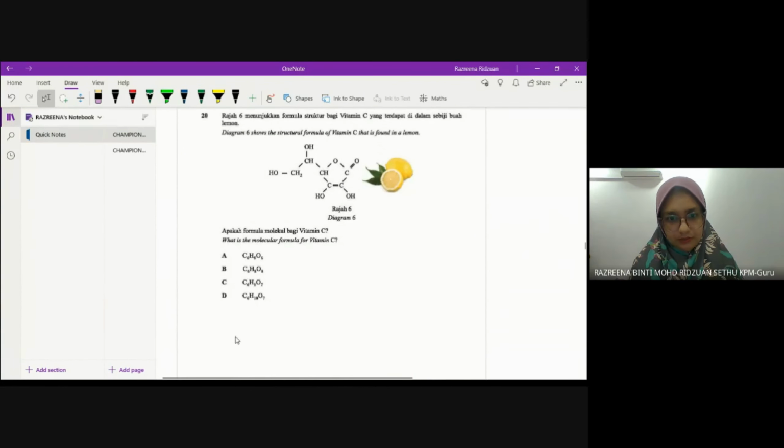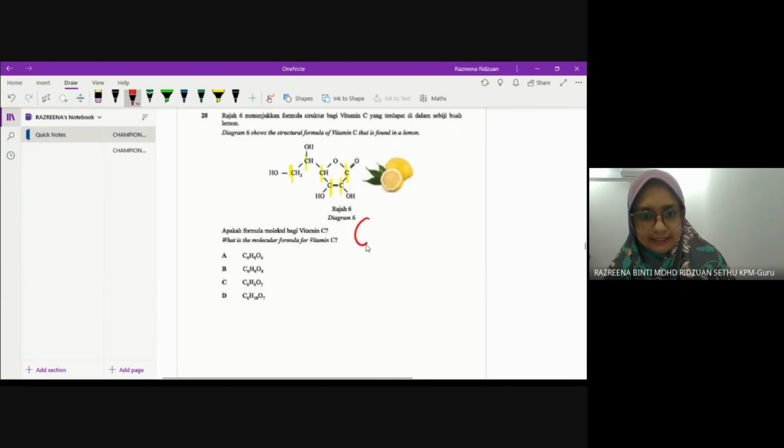Okay, question 20. Diagram shows the structural formula of vitamin C that is found in a lemon. What is the molecular formula for vitamin C? For this we have to count one by one. Let's count. Carbon first: 1, 2, 3, 4, 5, 6.